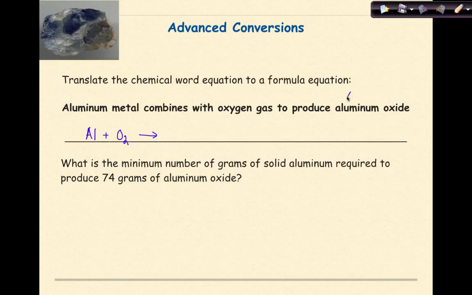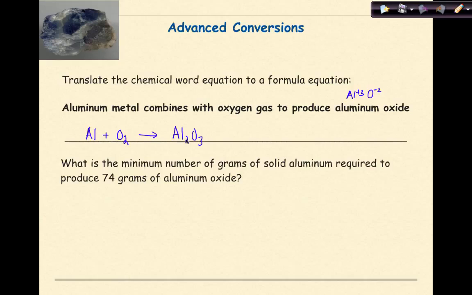And remember, aluminum is Al plus 3. Oxide is oxygen as part of a compound, minus 2. The 3 is going to cross down, the 2 is going to cross down over there. So we're going to get Al2O3.